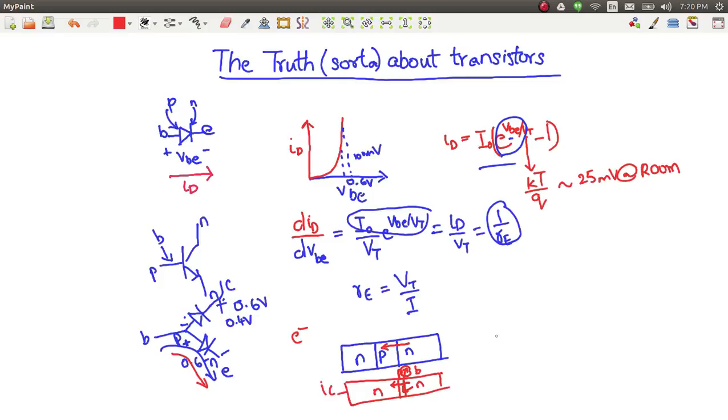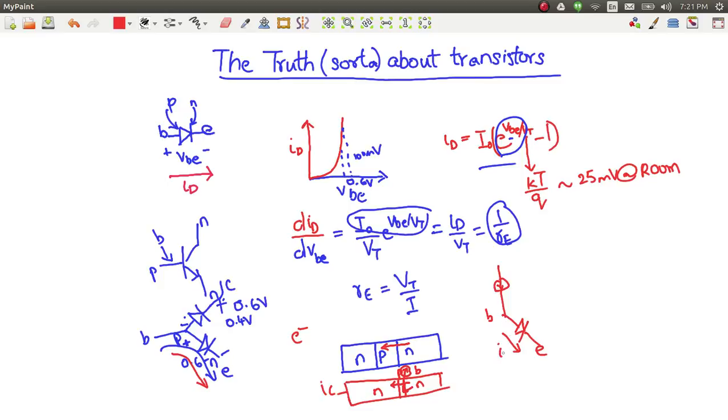So the model of a bipolar transistor is that you have a diode equivalent, but whatever current comes here, whatever is this current, most of that current is being driven by what is called a current controlled current source.